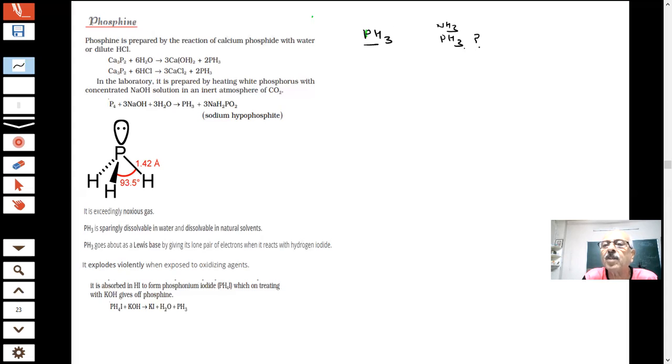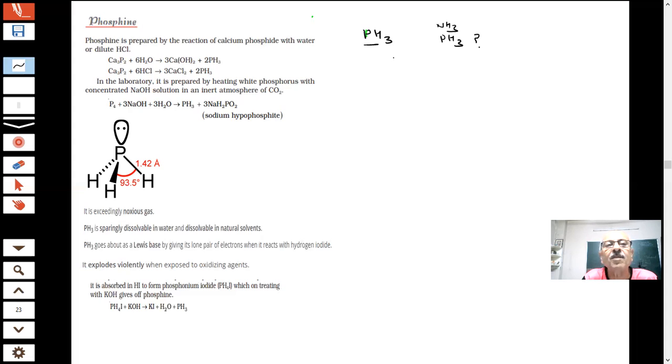There was a reason I asked. I said some confusion is still there in the minds of the students. What are the oxidation states in the nitrogen compounds? Hydrides, we told you. Hydride is H minus, students.